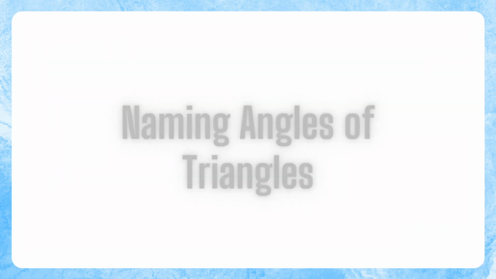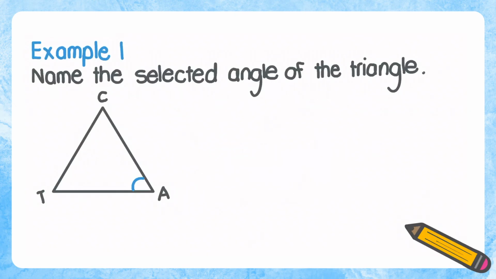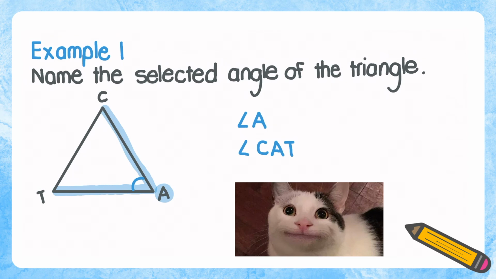Let's also look at how to name angles of triangles. Let's name the selected angle of this triangle. The selected angle is right here. So one way we can name this angle is angle A. We can also go from C through A and end at T. So another way to name this is angle CAT, cat.